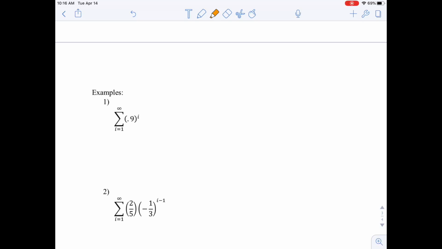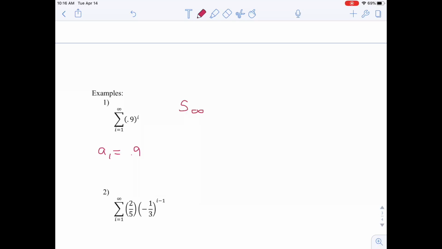So let's look at this first example. In this first one, we'll see that our first term is 0.9, and then I just keep multiplying by 0.9, over and over.